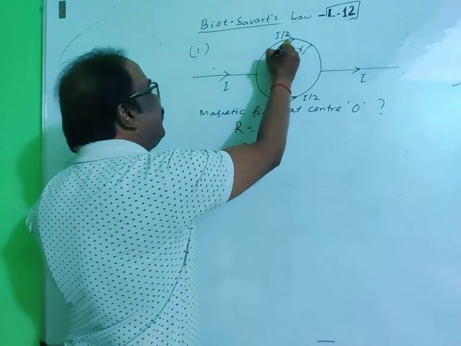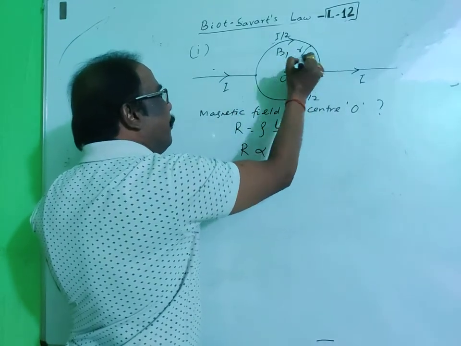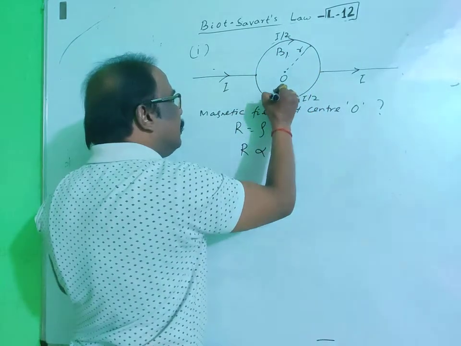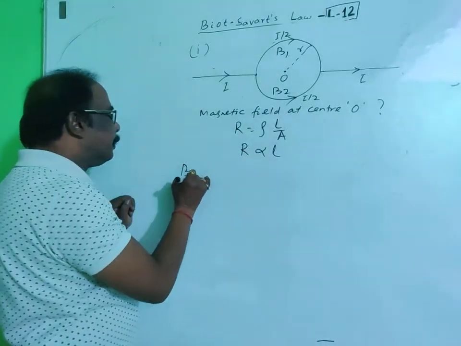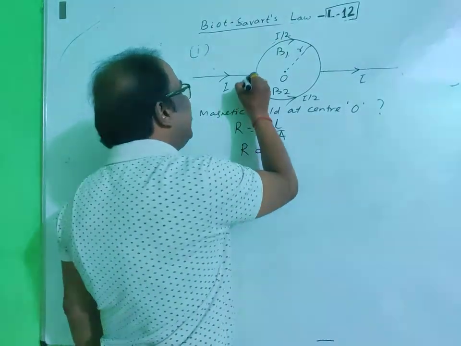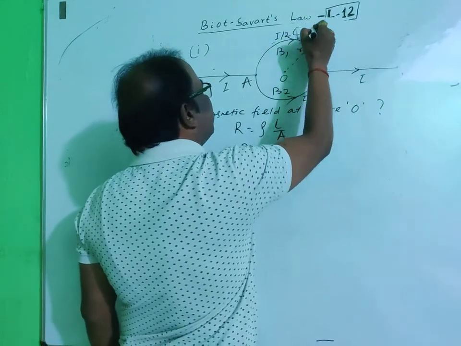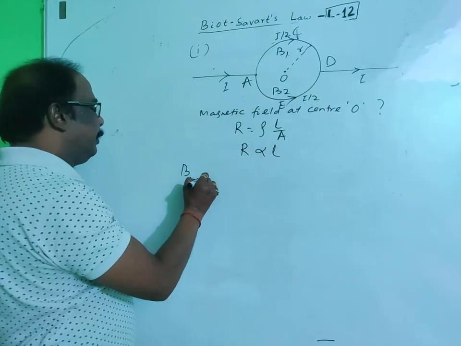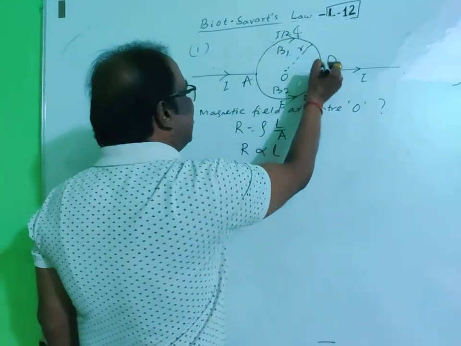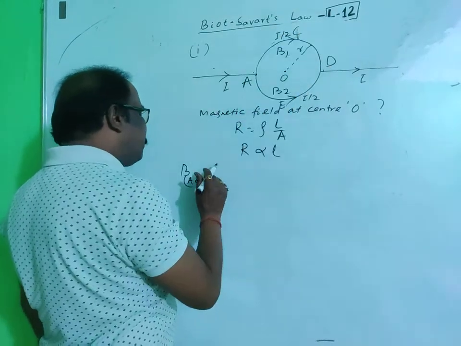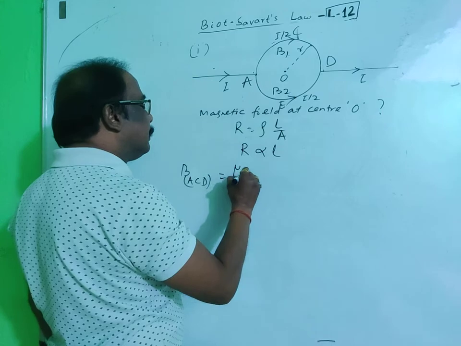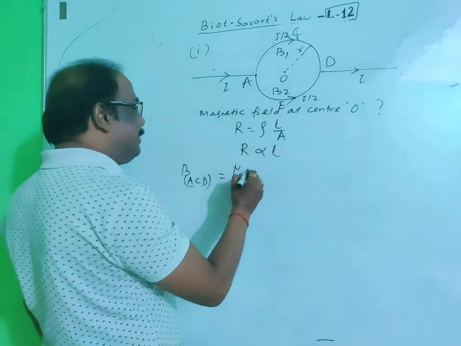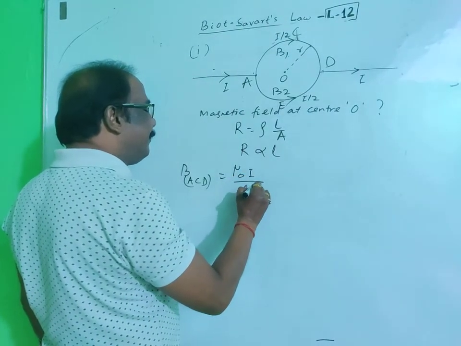Let the magnetic field due to this half of the circle, this semicircle, be B1, and due to this semicircle the magnetic field be B2. Then what is B1? Name the points A, C, D, E. The magnetic field due to ACD is a semicircle, so as we know, the magnetic field due to a semicircle is half the magnetic field due to a circular coil carrying current, that is mu 0 I by 4r.